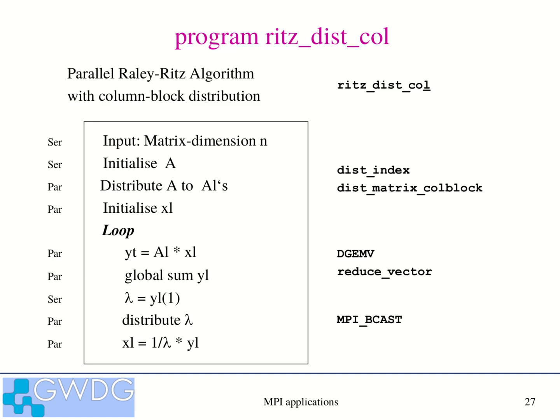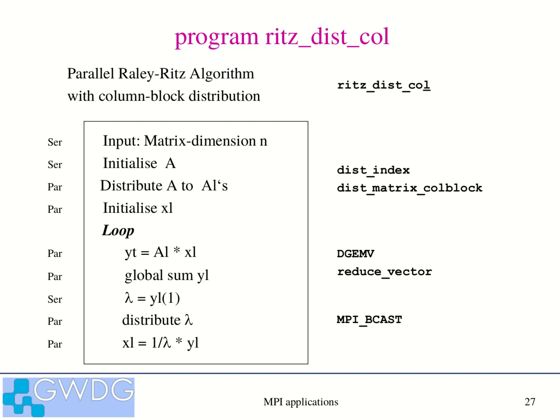So the structure of the program then will be, which is called Ritz this column, because it's a way to distribute the matrix column-wise. You have to have an input. You give the number of rows and columns you want to have.